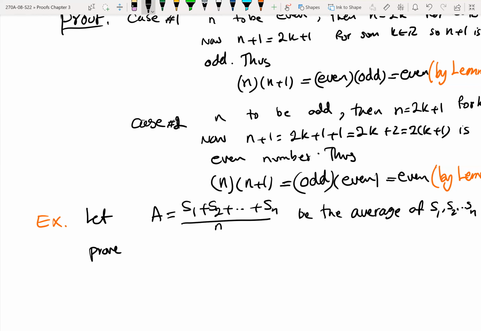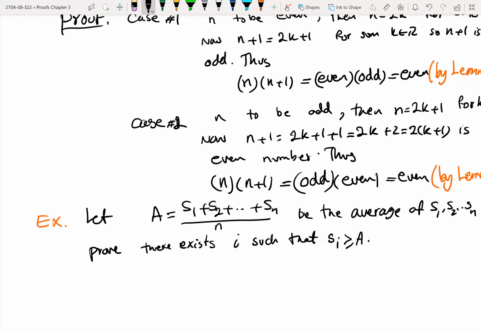Prove there exists i such that S sub i is bigger than or equal to A.